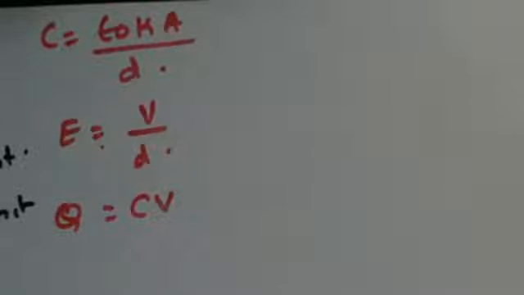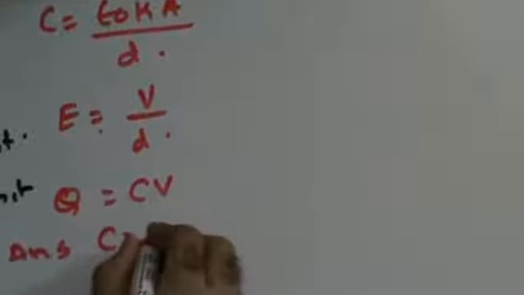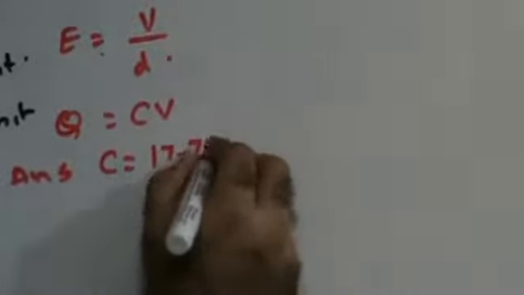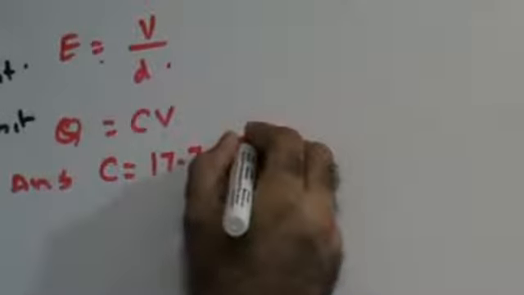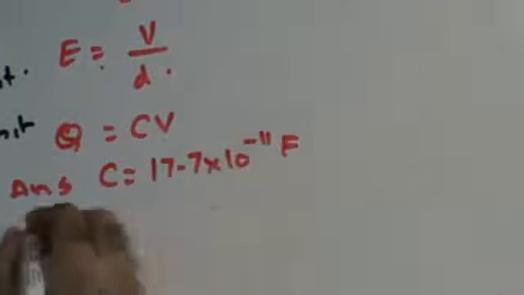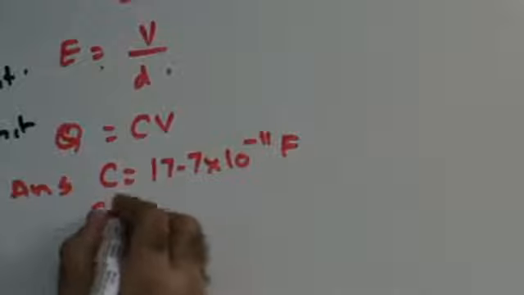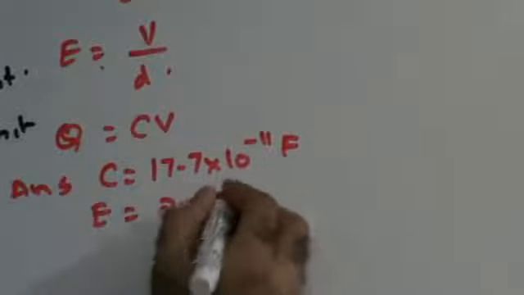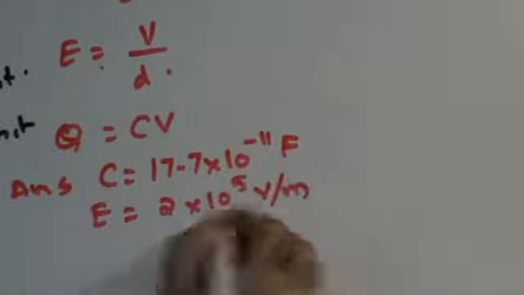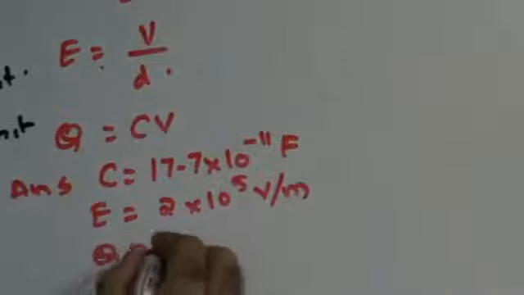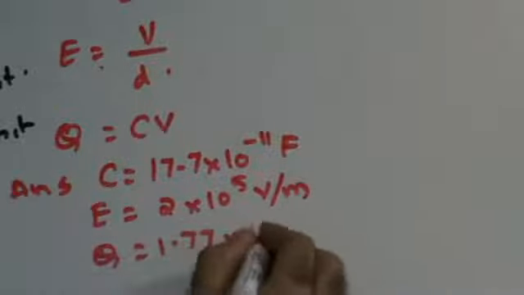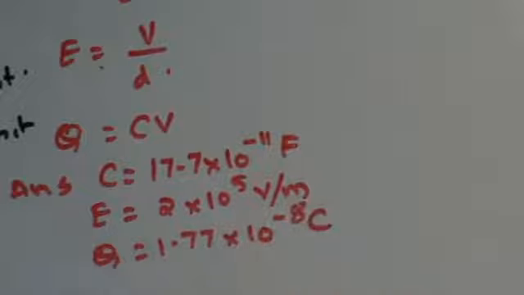C you have, potential difference is given to you. The answer for this sum should be capacitance 17.7 into 10 raised to minus 11 farad, electric intensity 2 into 10 raised to 5 volts per meter, and charge 1.77 into 10 raised to minus 8 coulombs. Next, take the next one please.